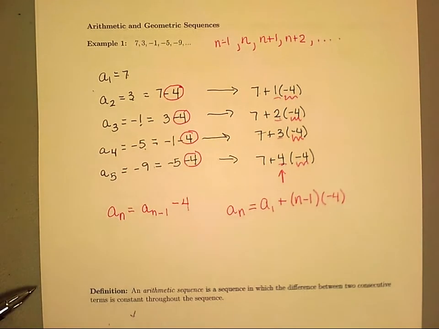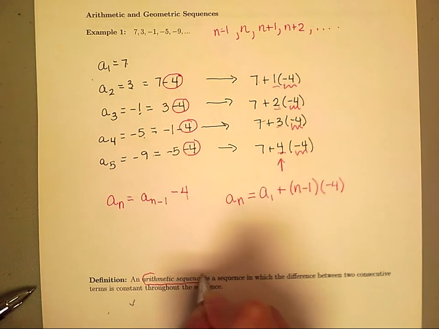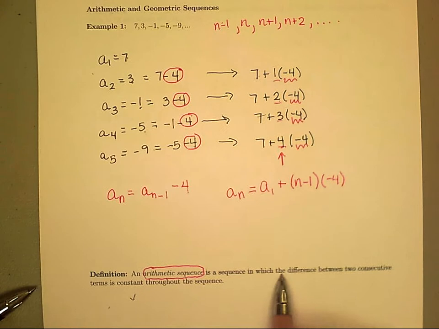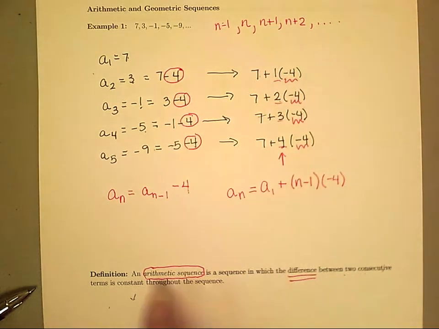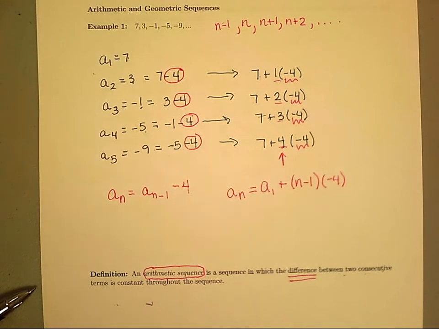So what happens here is one special sequence is known as the arithmetic sequence. It's a sequence in which the difference, meaning the subtraction, between two consecutive terms, that is, one right after the other, is constant throughout the sequence. So the constant throughout this sequence is the minus 4.